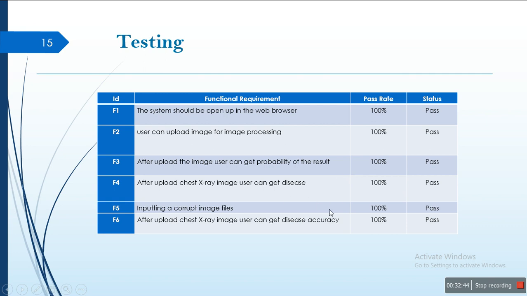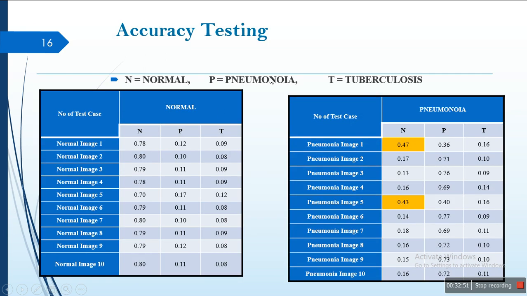I did functional testing and non-functional testing. This is my functional testing, and for the accuracy testing, I performed 10 cases in each category: normal, pneumonia and tuberculosis. There I recognized something special, that is the image with mild pneumonia.